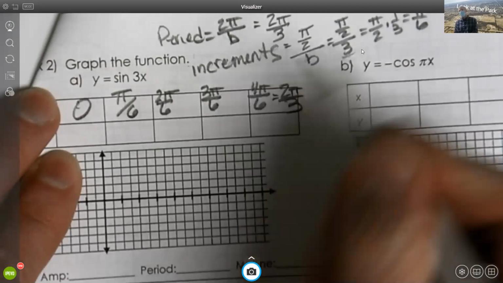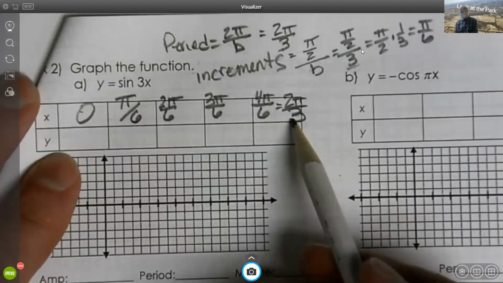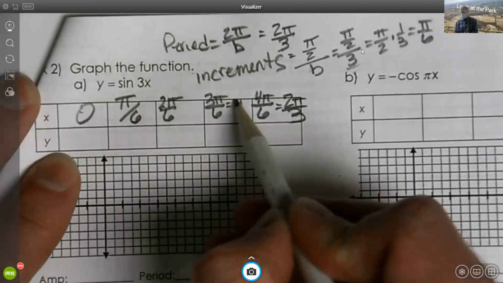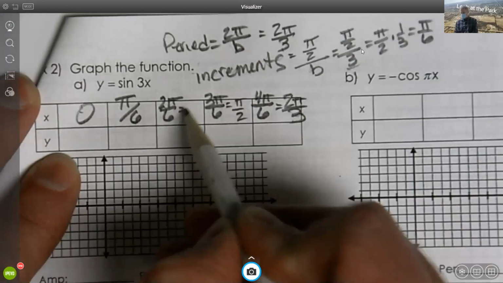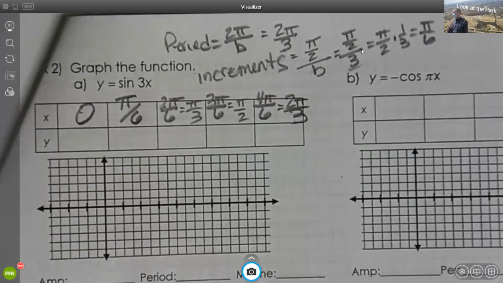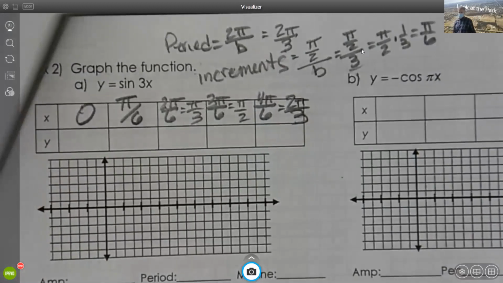That was the period that we said it should take. It should finish in that same amount of time. So that was a good way to test it. This is going to be pi over 2. This is going to be pi over 3. We're just counting by 30 degrees at a time. Pi over 6. We got the pi over 6 by doing our increments.